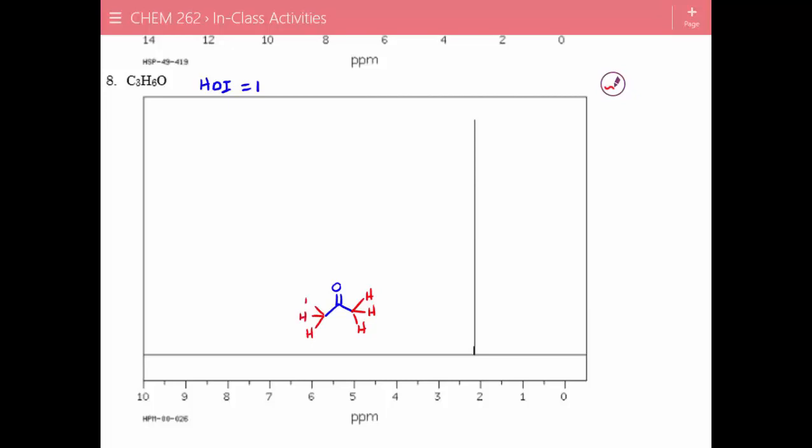Are the protons on the left the same as the right? Yeah, because there's an internal plane of symmetry going down this molecule. All of these can be considered HA protons. So right now, immediately, we can say this is probably going to be acetone, not any of the other isomers we had drawn. So sometimes guessing and checking, especially with simple molecules, works very well.